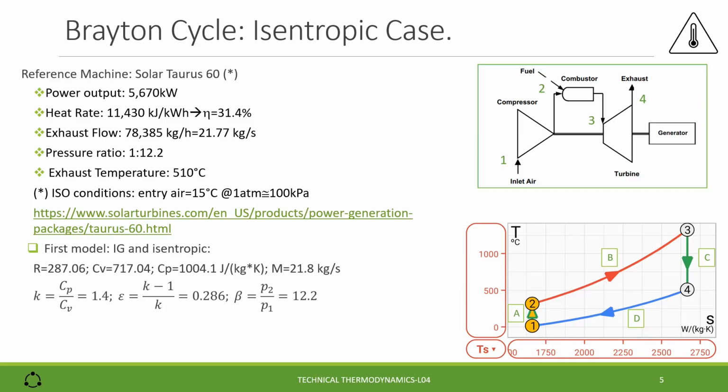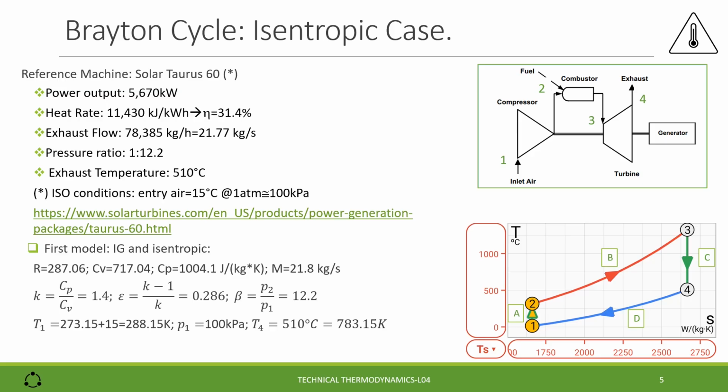The coefficient k, which is the ratio of the specific heats, turns into 1.4, and epsilon, which is (k minus 1) over k, turns into 0.286. The pressure ratio beta is, as from the datasheet, 12.2, and this is dimensionless.